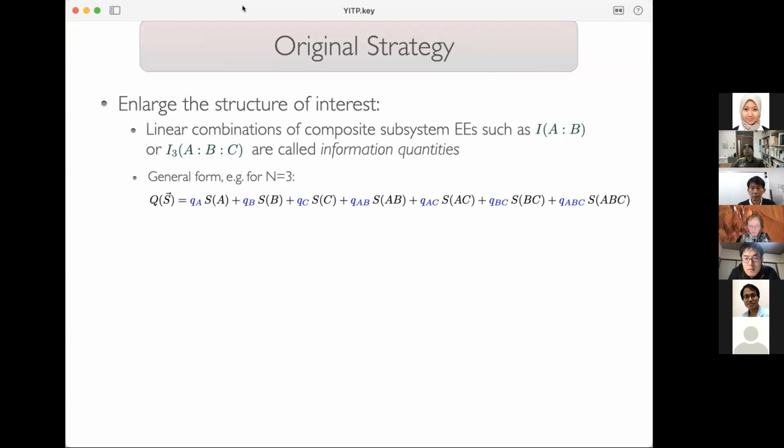So, for example, this mutual information would be: this would be 1, this would be 1, and this would be -1, and the whole rest of them would be 0. So now we can generalize this to an arbitrary set of coefficients like this.